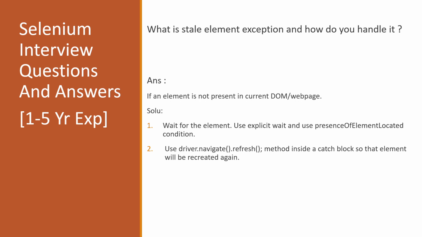You can use explicit wait and the presence of element located condition, because whenever you give wait.until presence of element located, we are telling the WebDriver first let it load that particular web element, and after that we'll do the operation. So if you use explicit wait with a condition like presence of element located, then we can handle this exception.